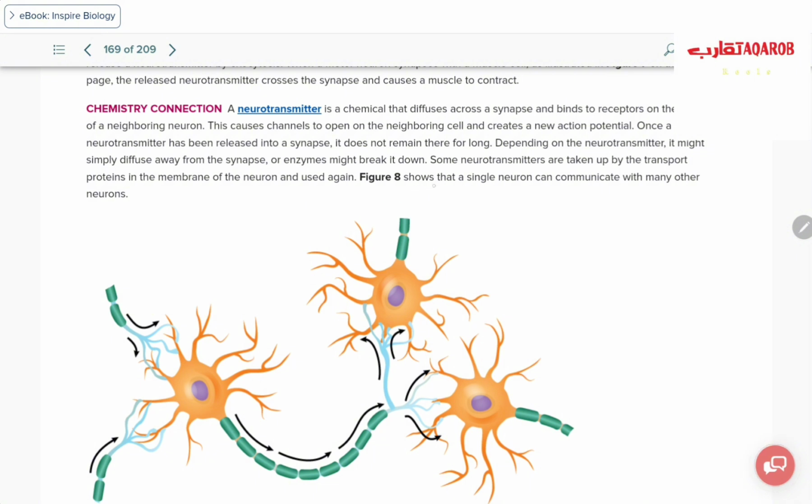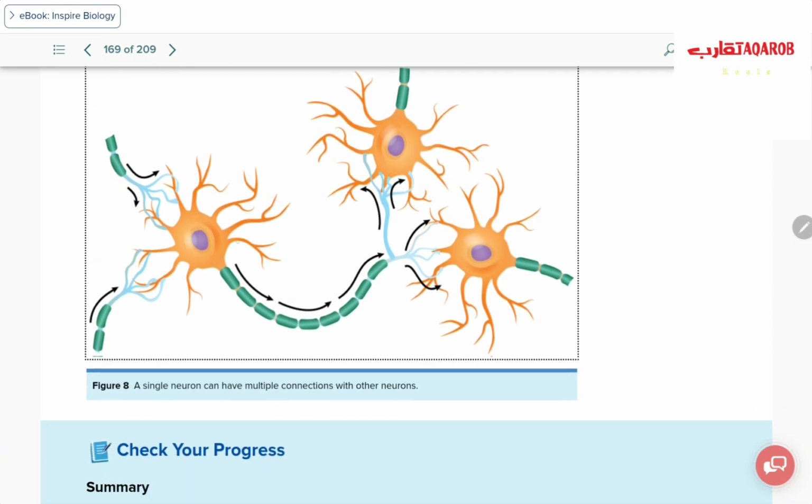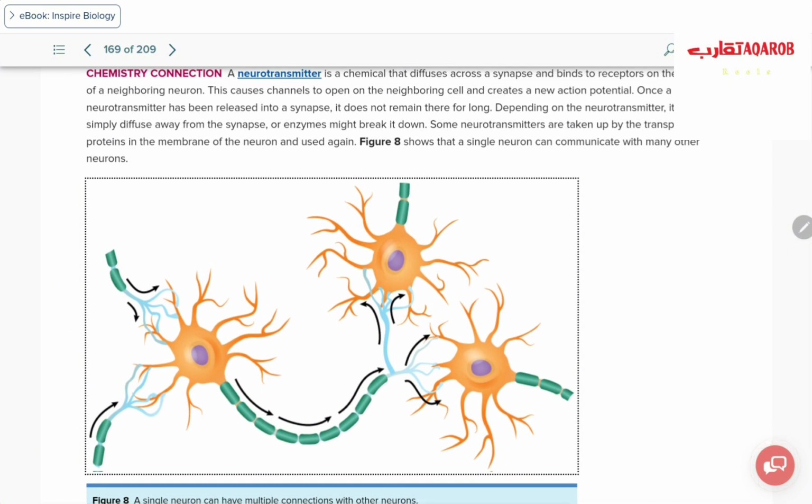This figure shows that a single neuron can communicate with many other neurons. Here we have a single neuron. It can communicate with multiple neurons. Okay, and this is the end of this lecture.